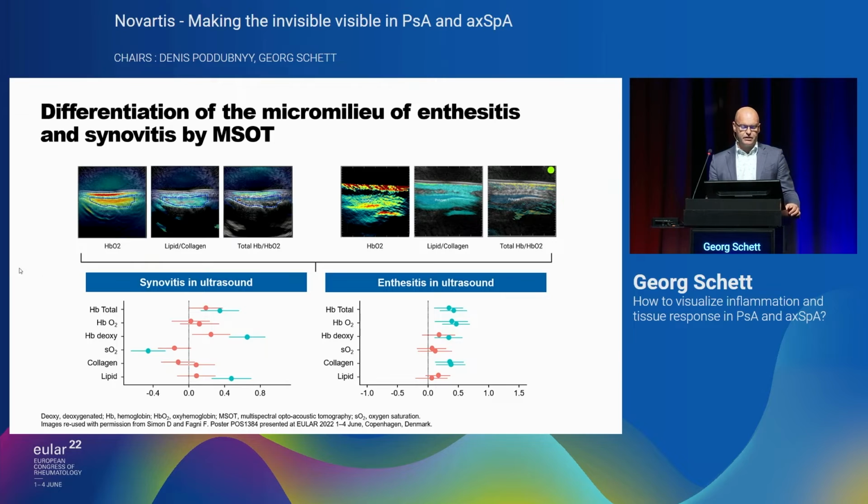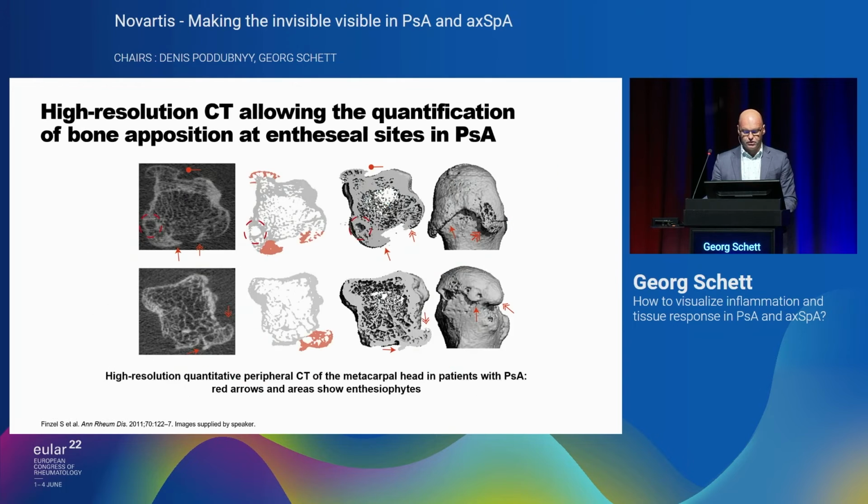On the left, you can see synovitis. On the right, you can see enthesitis, and there are remarkable differences. For instance, oxygen consumption in synovitis is much higher than in enthesitis, but vice versa, collagen content is increased in enthesitis, reflecting the tissue proliferative responses in the disease. So we are on the way to understand the molecular processes and the differences in molecular processes of synovitis and enthesitis by non-invasive imaging technology.